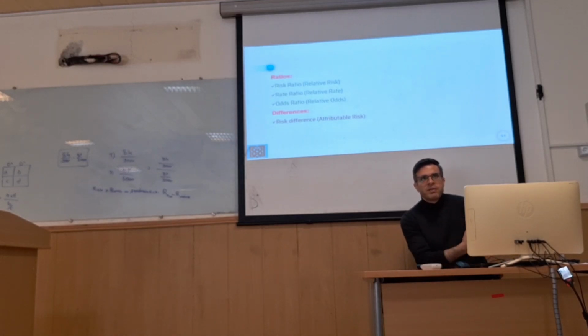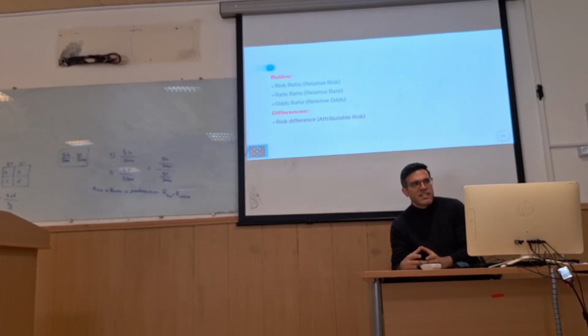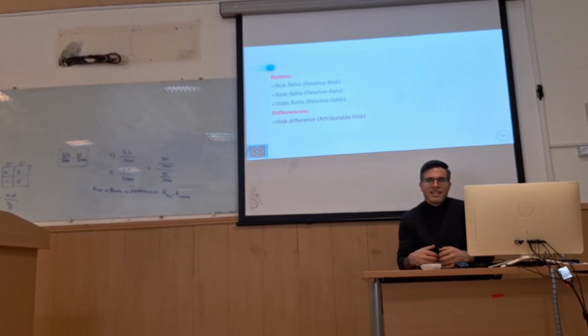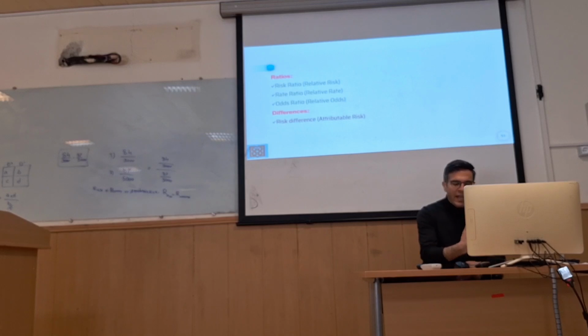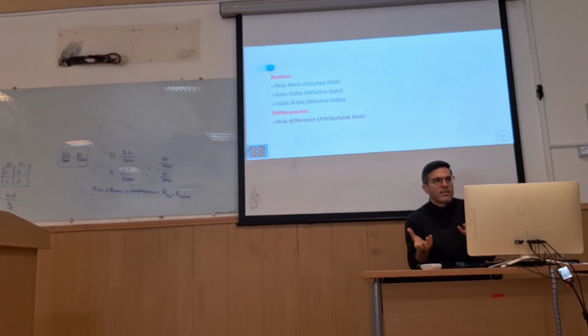This 83 is the answer to this question: how much of a specific disease can be attributed to a certain exposure? It means 83% of all MI cases in the exposed group are because of being exposed to high blood pressure, or because of hypertension.